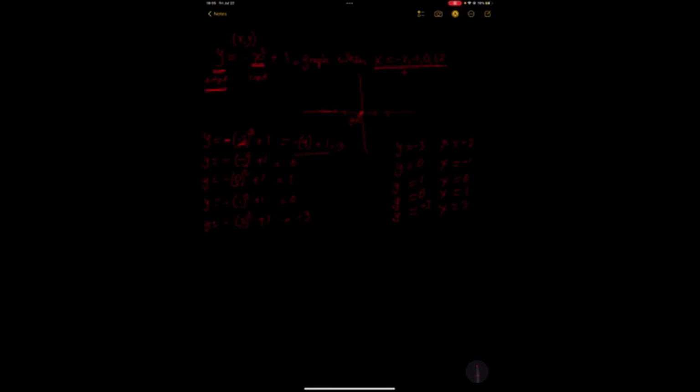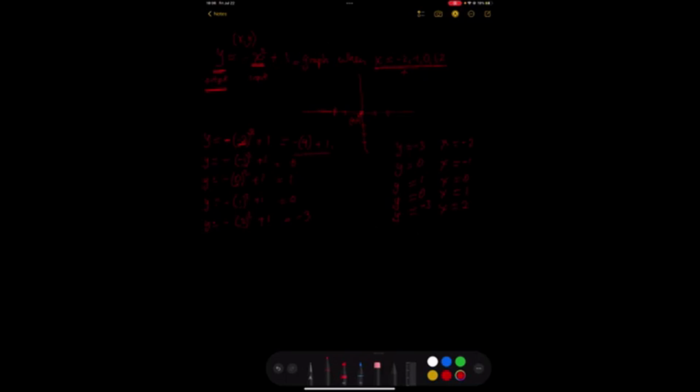So the ordered pair for the first one, where x is equal to negative 2, this is negative 2 right here. And let's say negative 3 is negative 1, negative 2, negative 3. So that will go somewhere right here. Let me just remove this negative 3 and put it right here. Since you already understand that, I'm just going to remove that one.